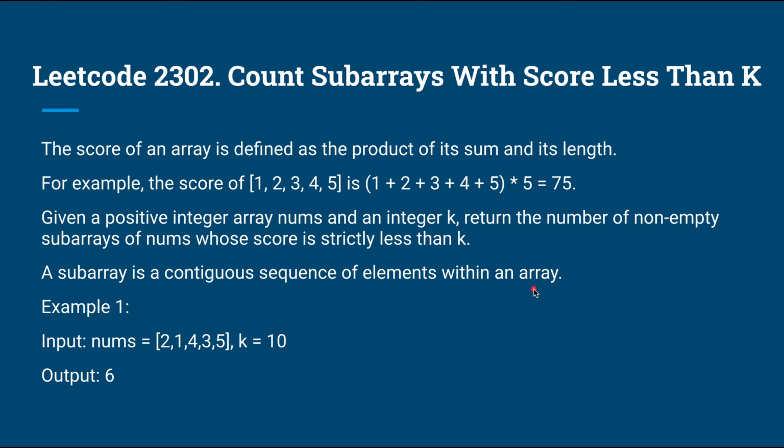I hope you understand the statement, and if you don't, please pause it and try to understand the problem statement. Now think about the intuition. We should first go with the brute force, and then understand the optimization.